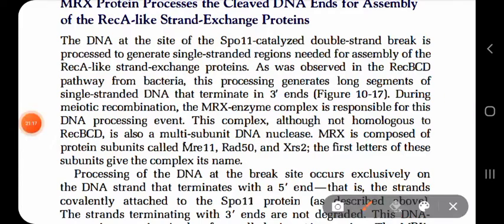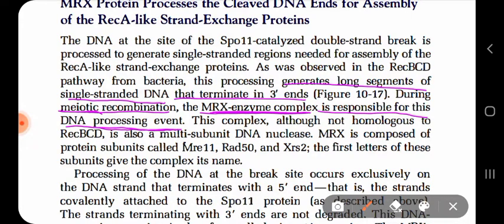Here, the MRX enzyme complex carries out the function during this meiotic recombination process. The MRX enzyme is responsible for this DNA processing event. It generates long segments of single-stranded DNA that terminate at 3' ends for the purpose of strand invasion.